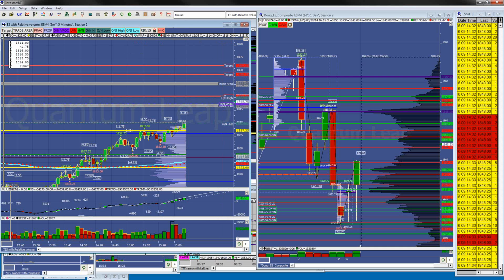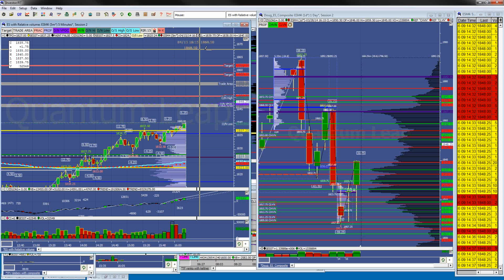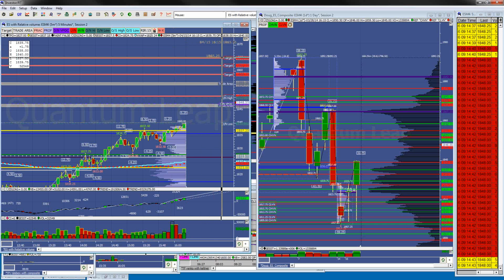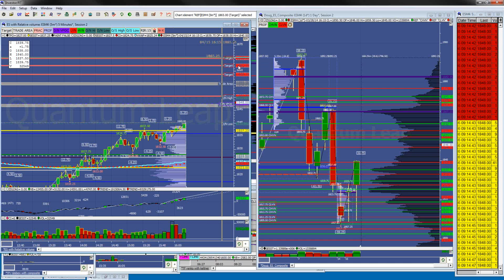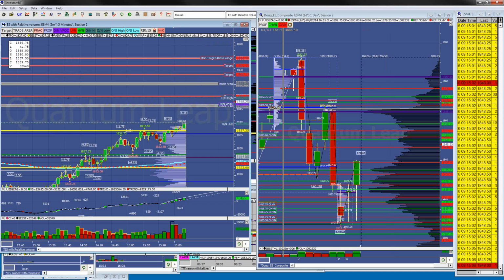And then the main target above, which is going to be 65 now. It was 64.50. Now it's going to be 65. Just a minor shift up. With the other side of balance being 66.50.